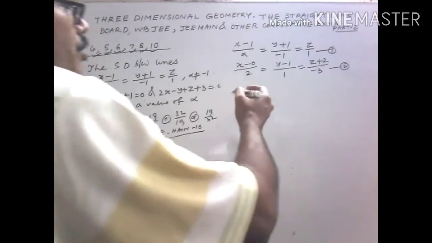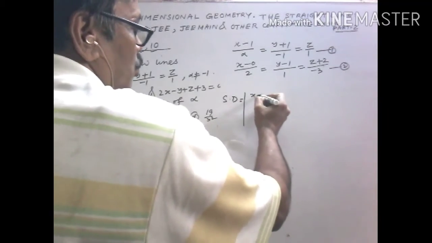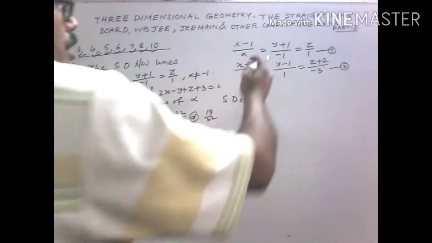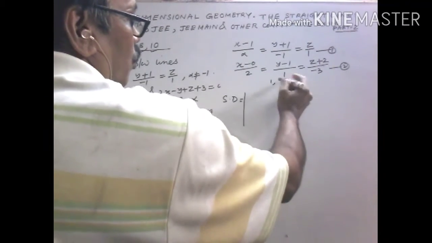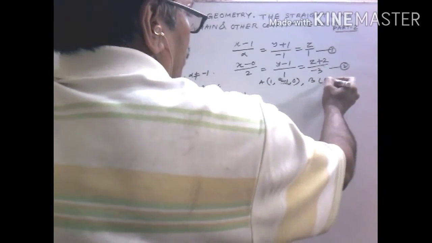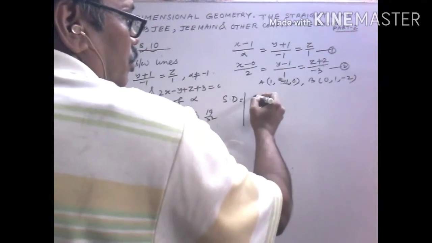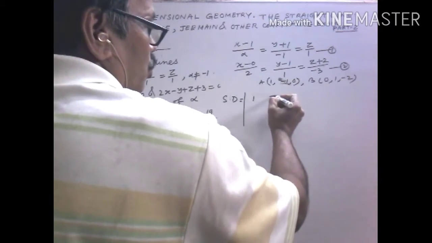So shortest distance equals the determinant of x2 minus x1, and so on. One point is 1, minus 1, 0, and another point is 0, 1, minus 2. So x2 minus x1 gives minus 1, 2, minus 2.